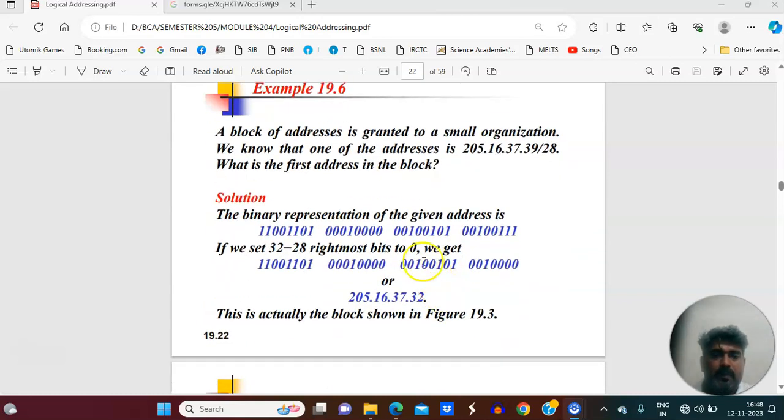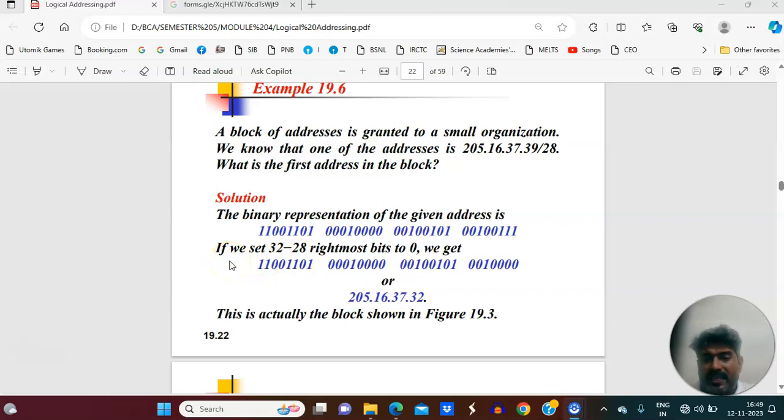For example, a block of addresses is granted to a small organization. One of the addresses is 205.16.37.39 and the mask is /28. What is the first address in the block? To find out, let's take the binary representation of the given address, which is shown in blue in the slide.